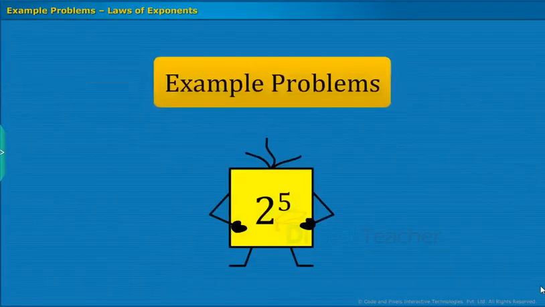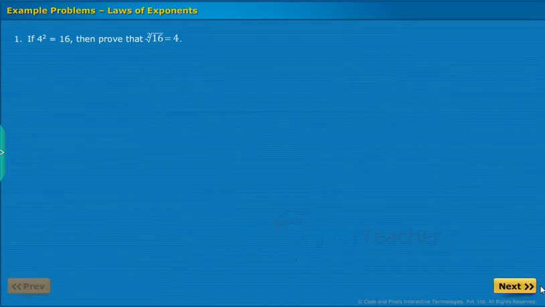Let us solve a few example problems on laws of exponents. If 4 squared equals 16, then prove that the square root of 16 equals 4. Solution. Given that 4 squared equals 16. By further solving, we get as shown on screen.